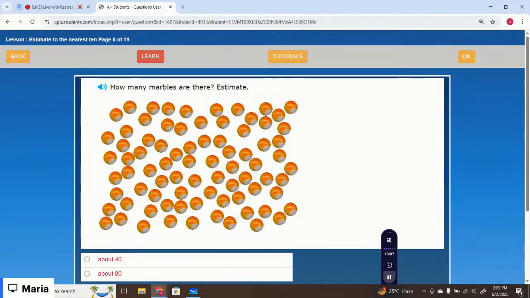How many marbles are there? Estimate about 40, about 80. They are about 80. Option number two is the correct option.